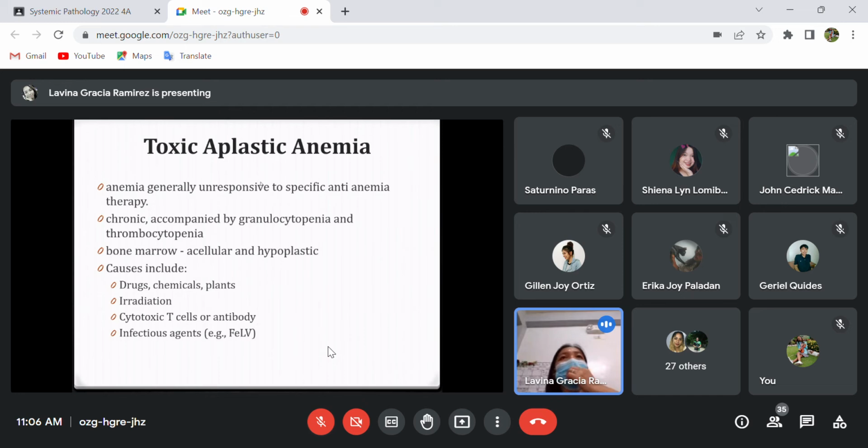So when we talk about the bone marrow tissue, we are not talking about the bone. It's more of the bone marrow tissue, supporting the microenvironment, particularly those intended for hematopoiesis. Okay, what are the possible conditions that could lead to a cellular or hypoplastic status of the bone marrow?